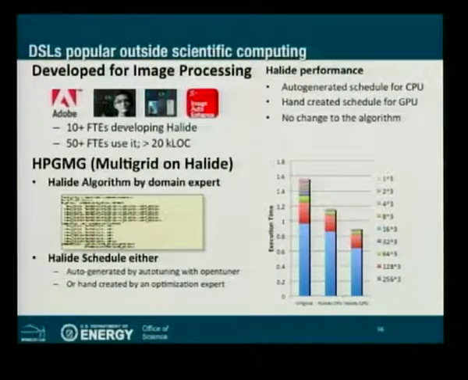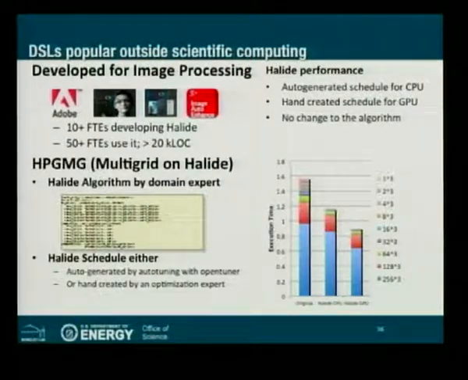So anytime you upload images, which by the way I was doing this morning when I was looking for various images to put in my talk, you upload an image into Google image search or something like that, it will actually use these Halide algorithms to do some analysis on that image. And they also have about 50 people out in industry who are working on this language. So out in industry, they've actually used these domain-specific languages.